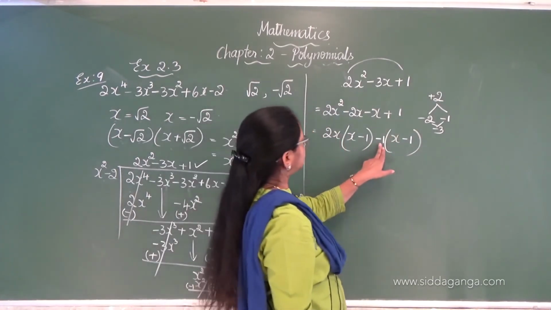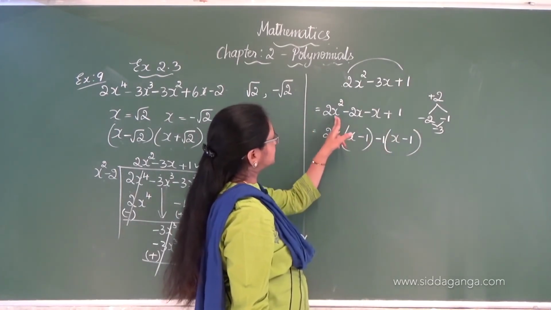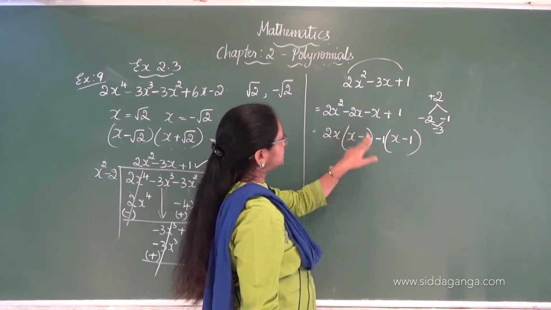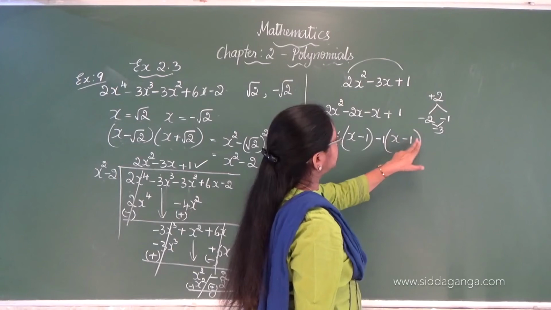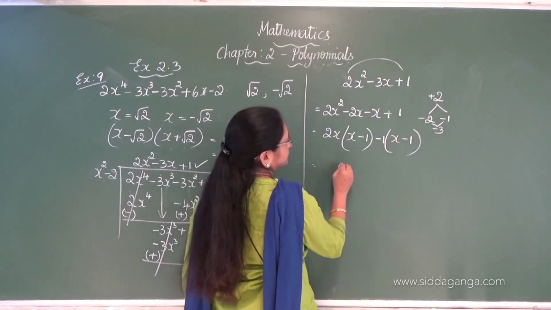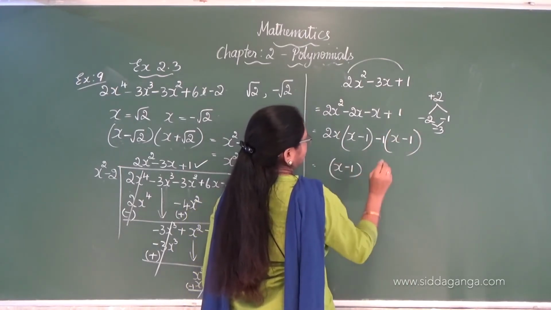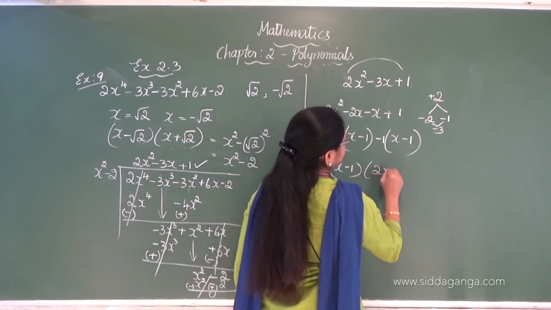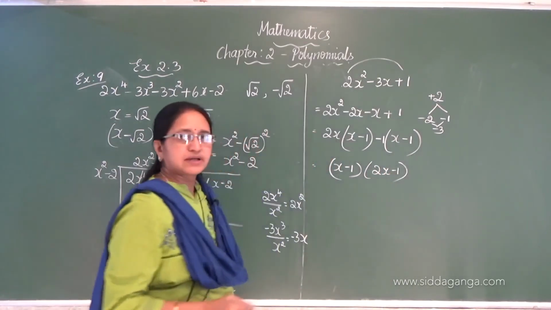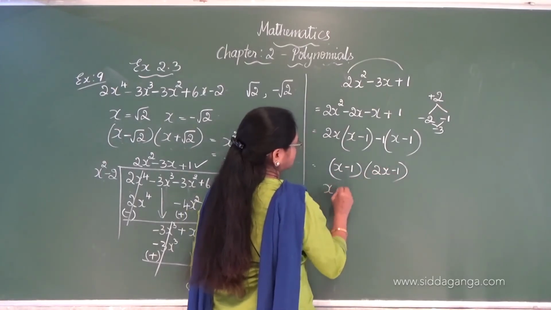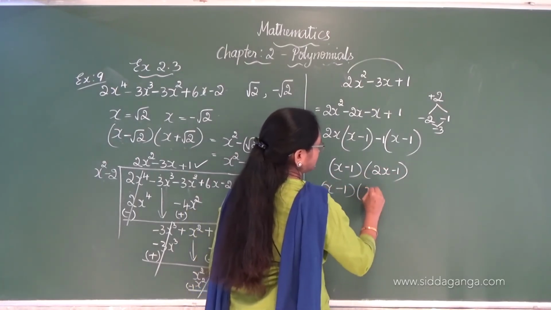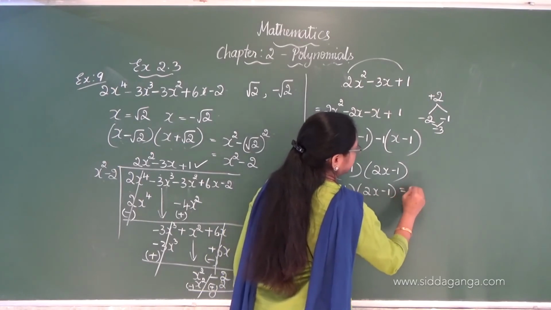See, once again you check. 2x into x, 2x square, minus 2x, and here minus x, minus into minus plus, 1 into 1, 1. Now here common is x minus 1 and 2x minus 1. Now to get the zeros, as I told you, you should equate this to 0, and 2x minus 1 will be equal to 0.